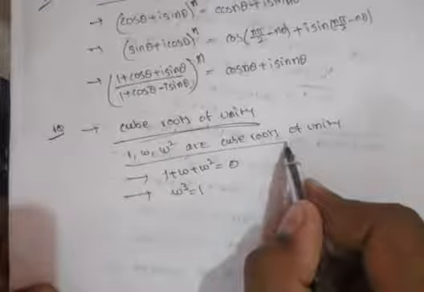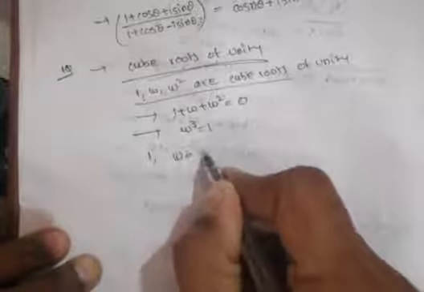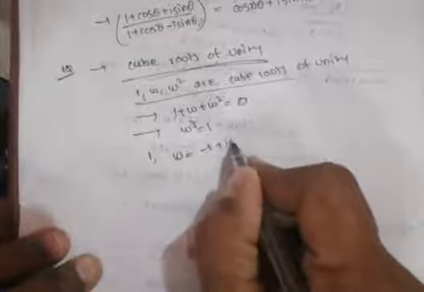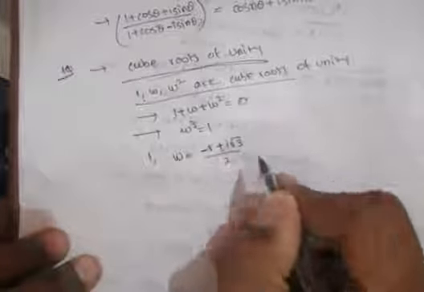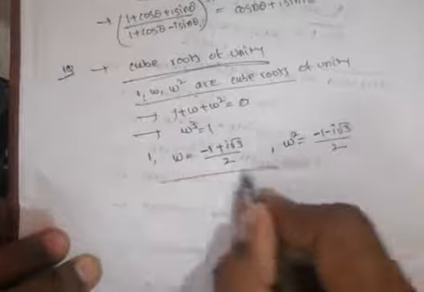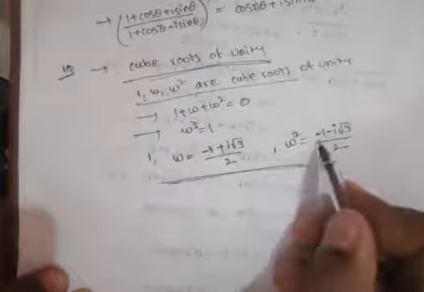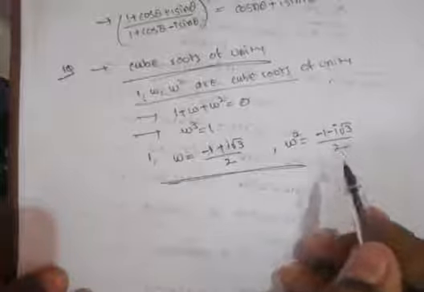These two formulas we have to use whenever omega square appears. Here the cube root value 1 is directly 1. Omega is represented as (-1 plus I root 3) by 2 and omega square is equal to (-1 minus I root 3) by 2.